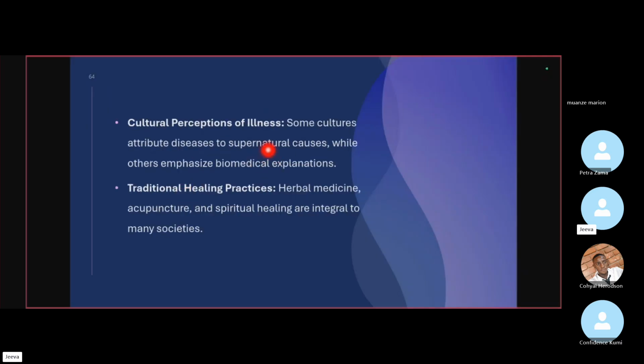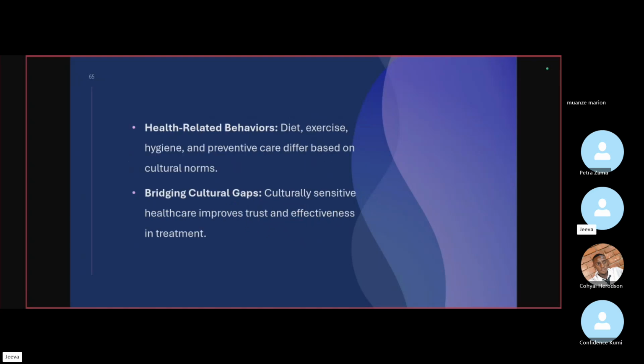Some will believe in supernatural powers and some believe in hospital treatment. Some believe in the traditional methods of healing, some will approach the pharmaceutical aspects for healing. So this is how cultural beliefs affect health.